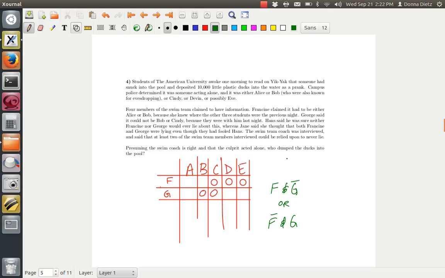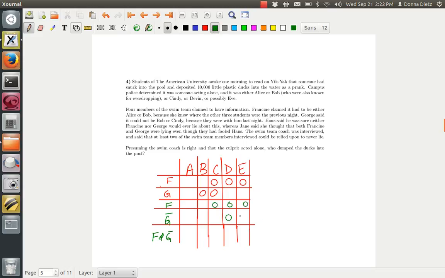So we're going to look at both scenarios. If I look at F and not G, what does it look like? We already have F, and I'm going to rewrite it, F and not G. F is just what we said F was.